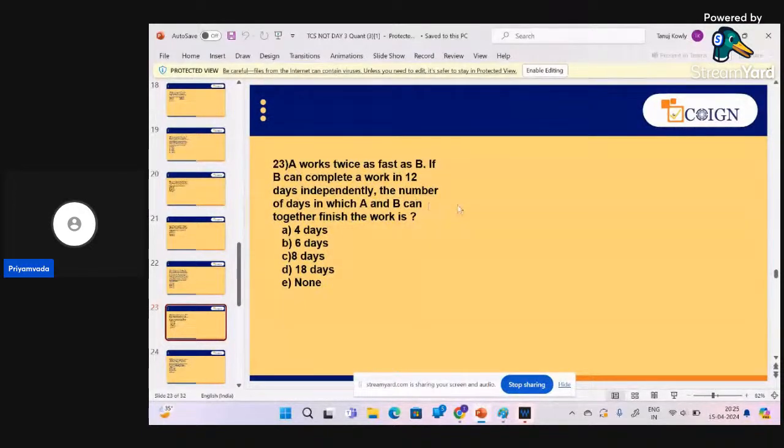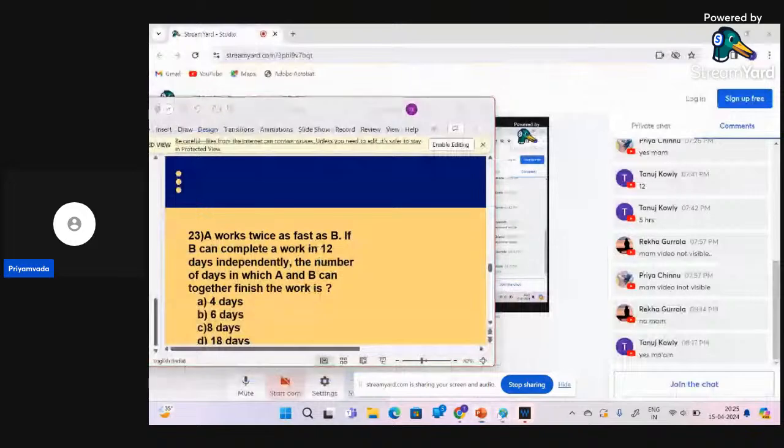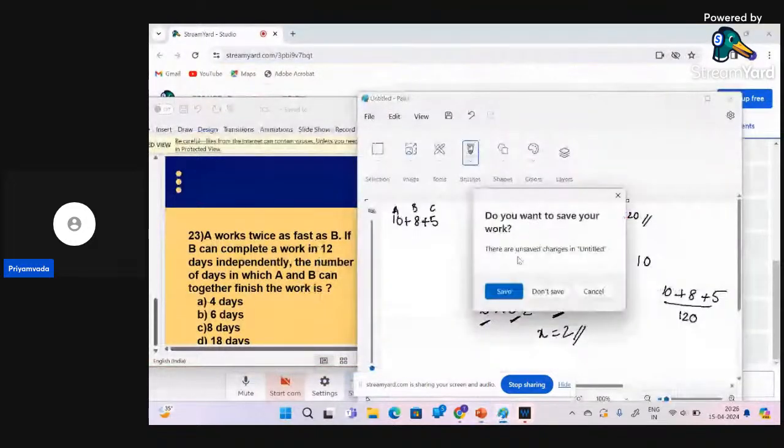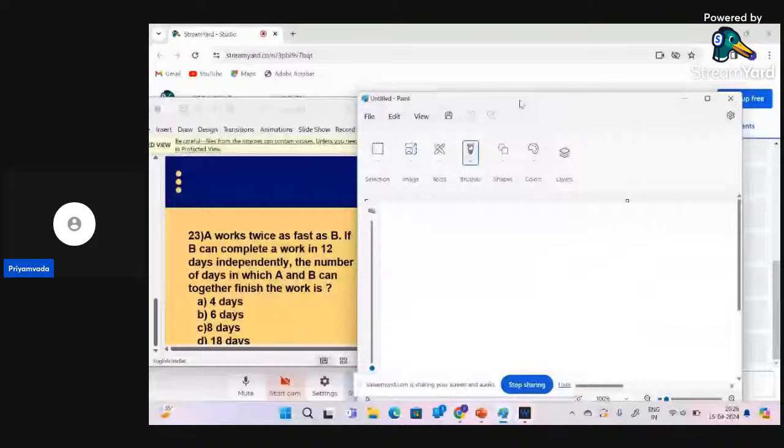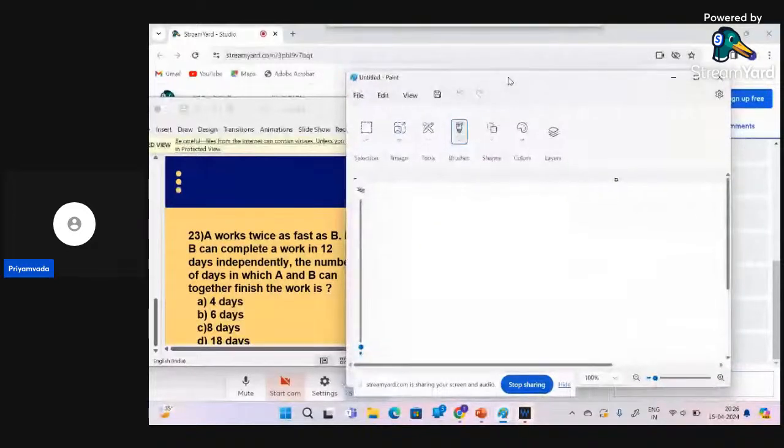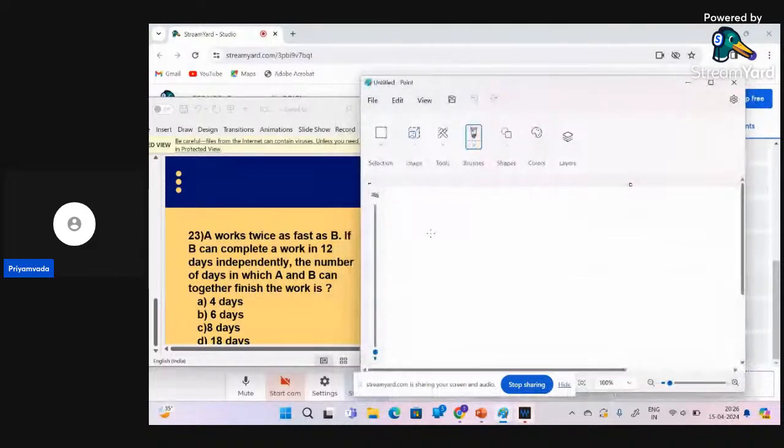A can work twice as fast as B. It is given that A can work twice as fast as B, right? And they have given that B can complete the work in 12 days.